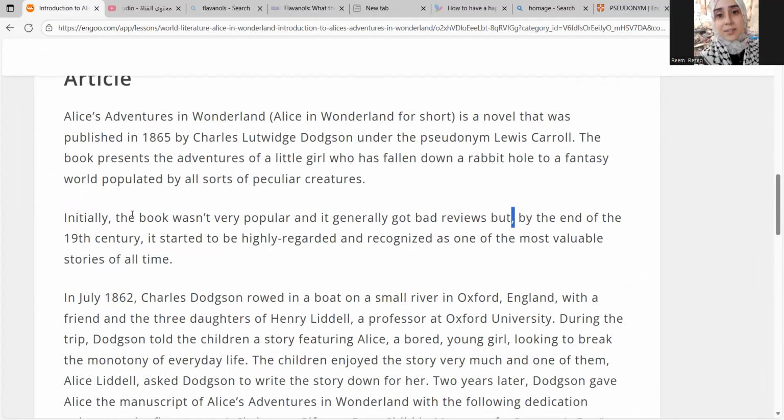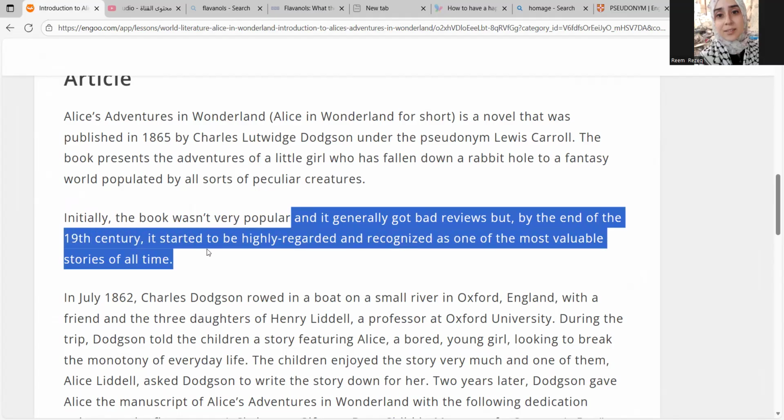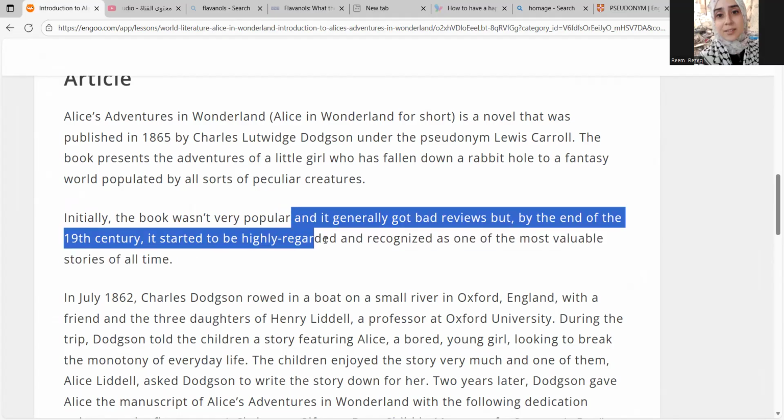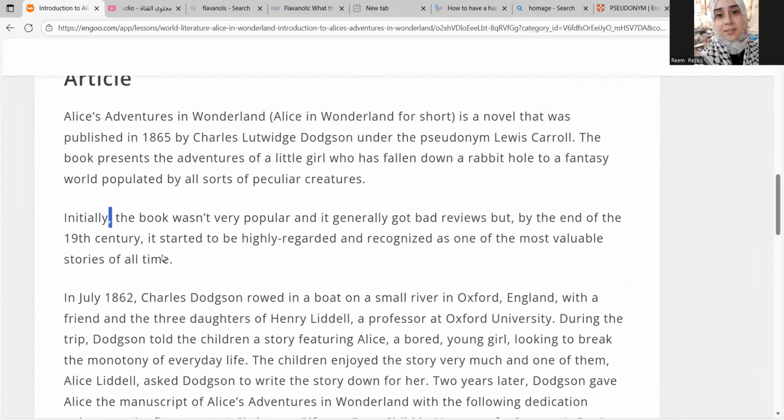Initially, stop. The book wasn't very popular. It generally got bad reviews, but by the end of the 19th century, it started to be highly regarded and recognized as one of the most valuable stories of all time. Stop. So you have to pay attention to the full stop.